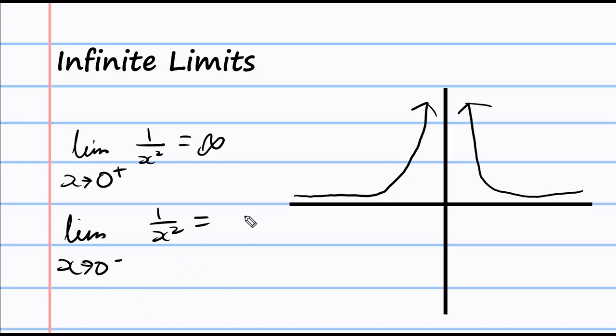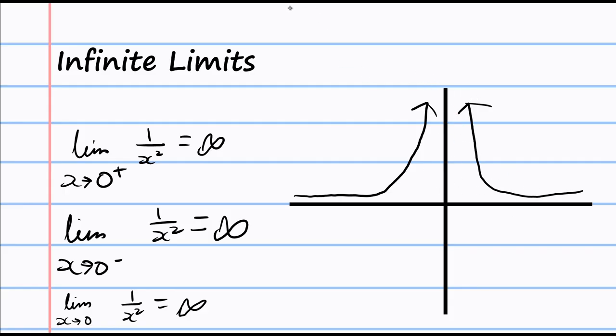Sorry, it is still positive infinity. The limit as x approaches 0 from the left-hand side is also positive infinity. So you can say that the limit as x approaches 0 of 1 over x squared equals infinity, because these two are the same. The function approaches positive infinity from both the left-hand side and the right-hand side.